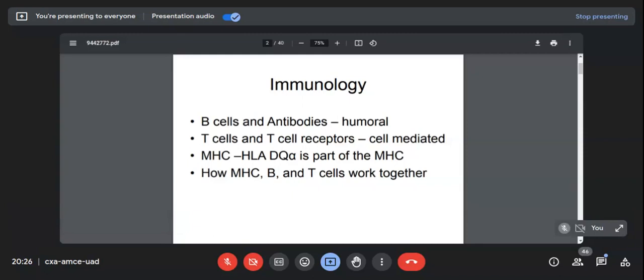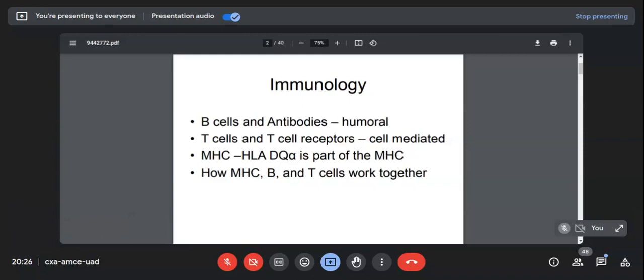We defined it as a type of immunity where the cells that work around it are not specialized to fight a particular pathogen or antigen. But with regard to adaptive immunity, the cells under it are basically specialized to fight a particular kind of disease, which we are going to focus on by the time we are done with this particular section or part of immunology.